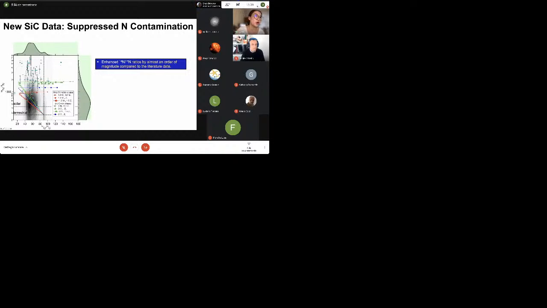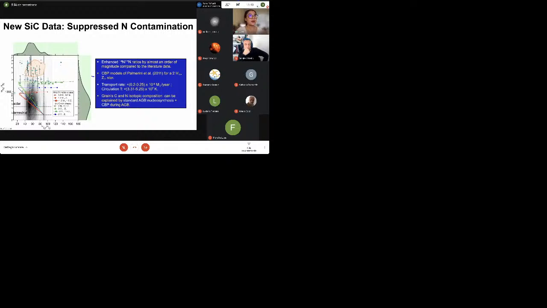By comparing the new data with the literature data, we see greatly enhanced nitrogen isotope ratios. The average shifts from 500 to an average around 3,000, almost a factor of 7 enhancement in the nitrogen isotope ratio. Now, by comparing the new data with FRUITY stellar model calculations, we see that, in fact, the grains are enriched in carbon-13 and nitrogen-14 compared to model predictions.